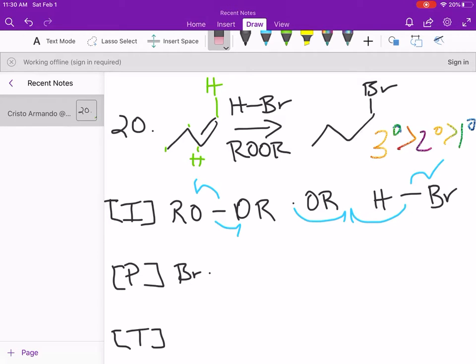And if the double bond participates in this mechanism, then it means that only these two are left. So which hydrogen is more substituted, and where is the radical going to end up? Right. Hydrogen right here. So we can draw this mechanism now.